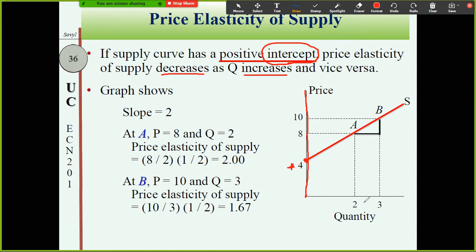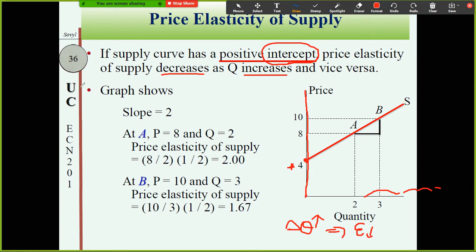So when the quantity increases, price elasticity of supply will decrease, maybe changing from elastic to inelastic. That's why when the quantity is going up, epsilon becomes less and less.